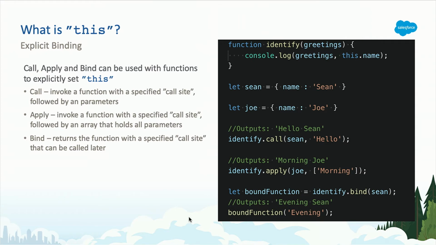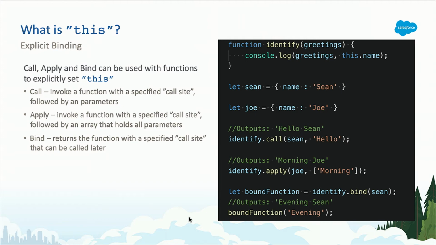Apply is the same, except instead of listing out all your parameters, you can put them in an array, and it'll handle spreading them out for you. That's usually useful when you're using a function that has many parameters, and you don't want to have to list them all out.